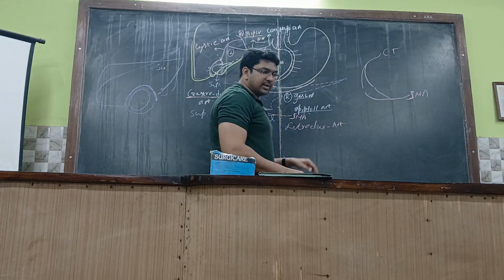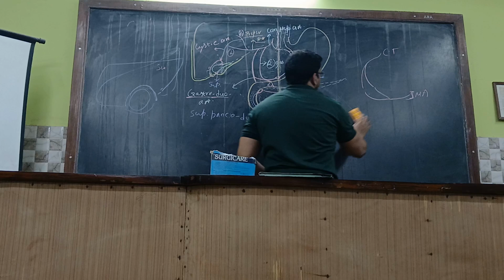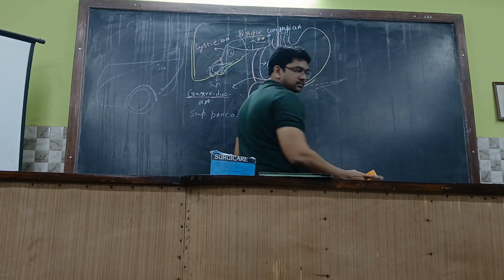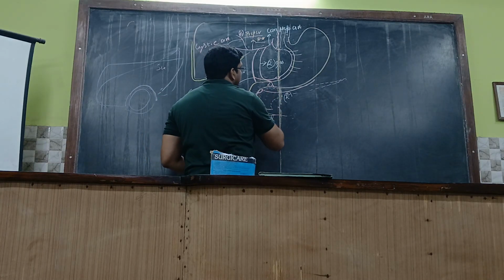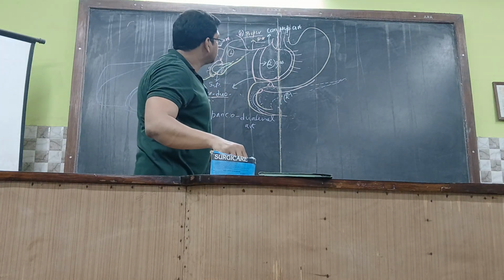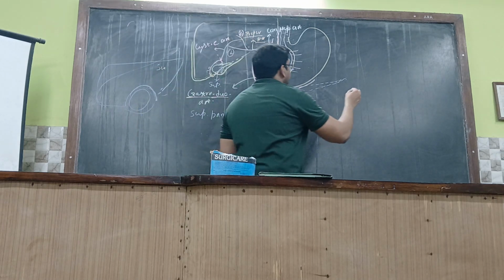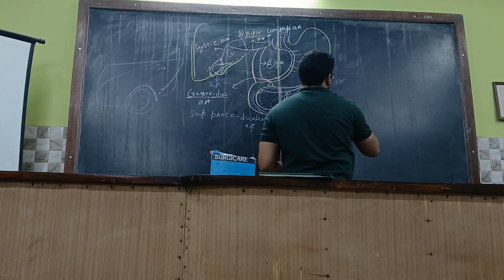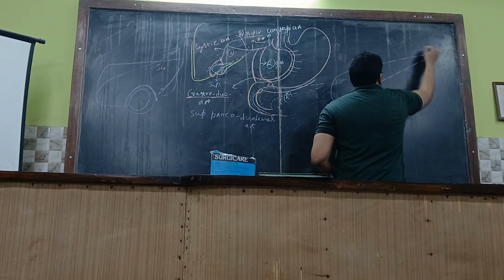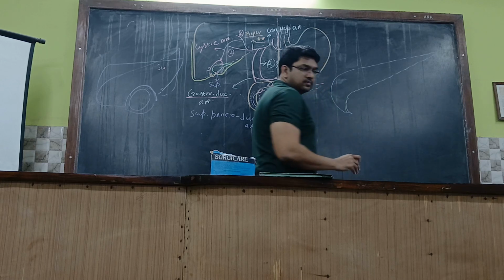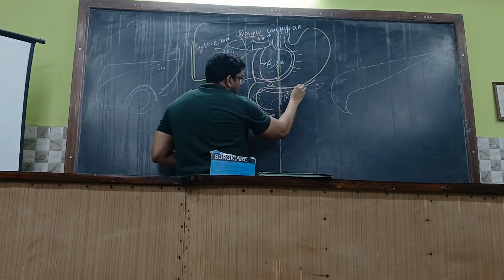Okay. And coming to the splenic artery. Always remember, the splenic artery will be lying over the upper border of the pancreas.